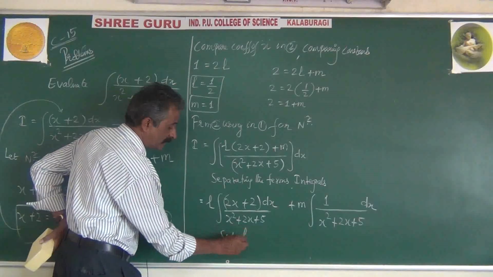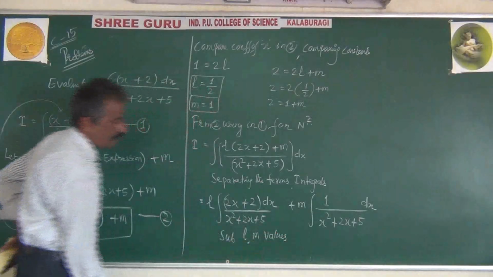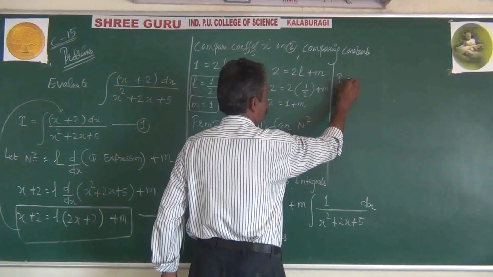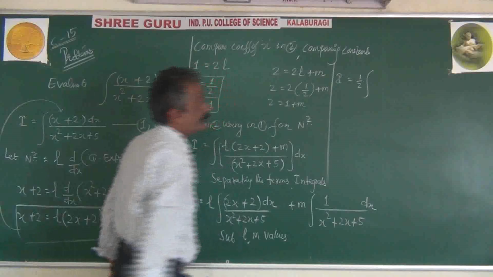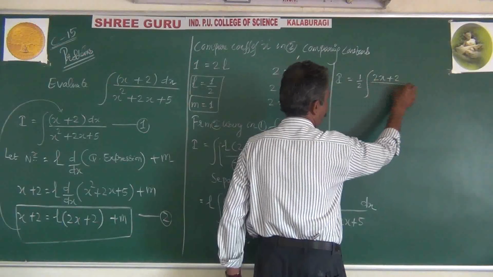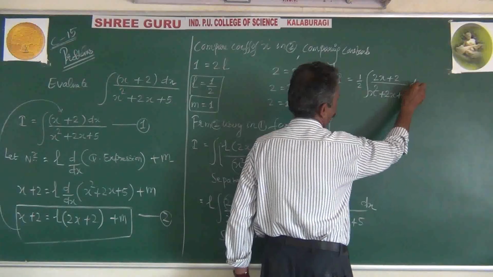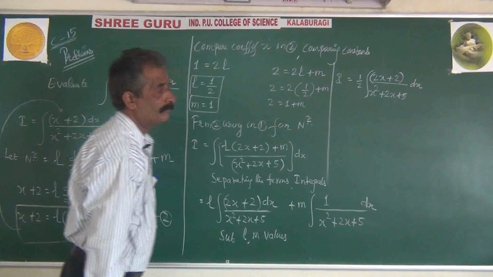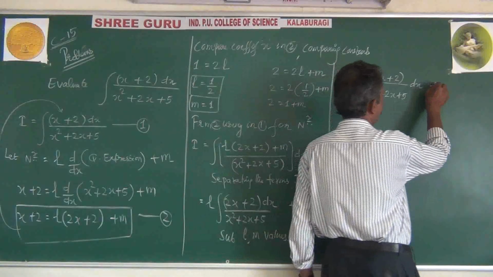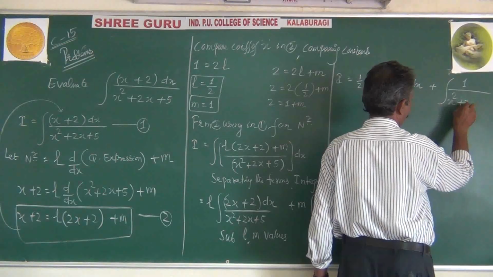Substitute l, m values. So now I becomes 1 by 2 into integration of 2x plus 2 divided by x square plus 2x plus 5, plus integration of 1 divided by x square plus 2x plus 5, where the m value 1 is omitted.